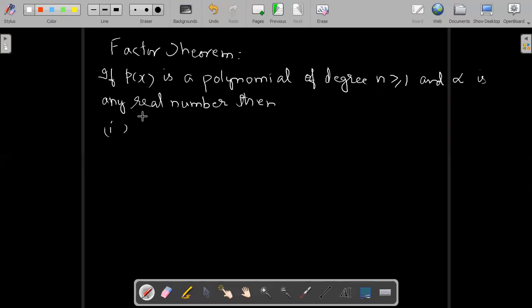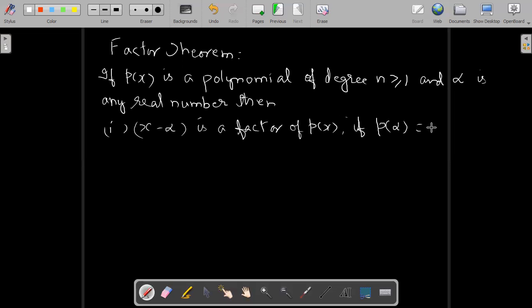Number one, x minus alpha is a factor of p(x) if p(alpha) is equal to 0. x minus alpha is a factor of this given polynomial p(x) if you substitute alpha in the polynomial and you get 0. If the remainder is 0, then it is a factor.